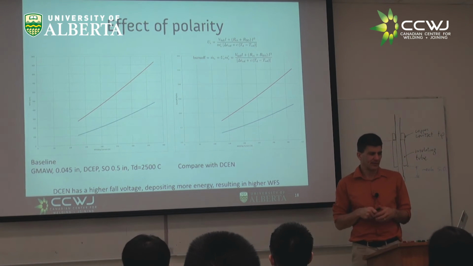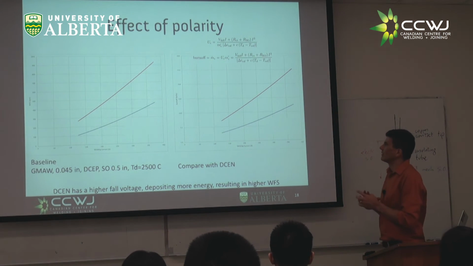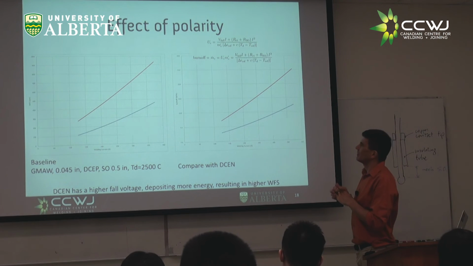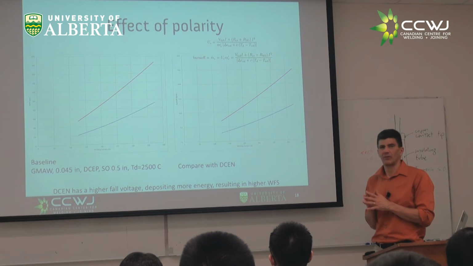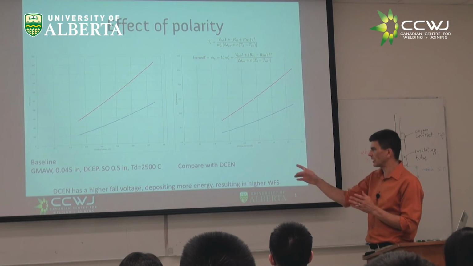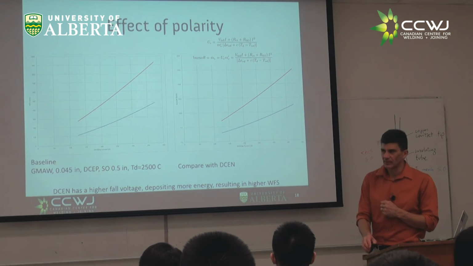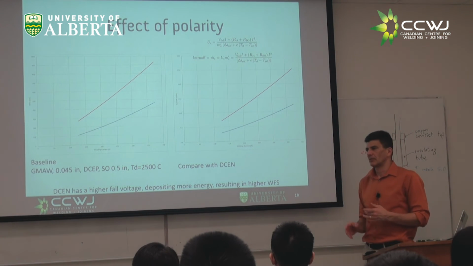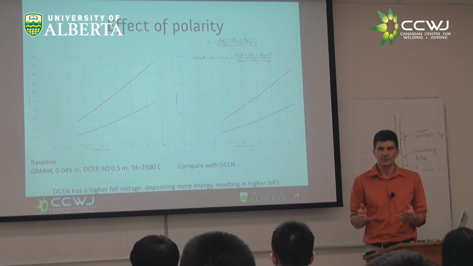Effect of polarity. All right, so if we switch from electrode positive to electrode negative, right? The fall voltage goes from 4.8 to 13.8.